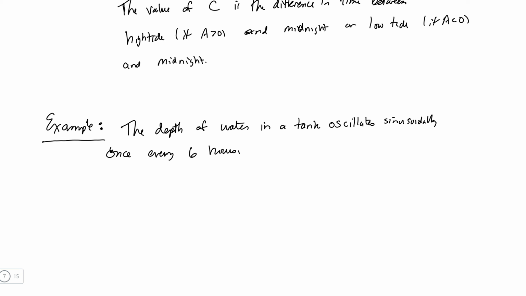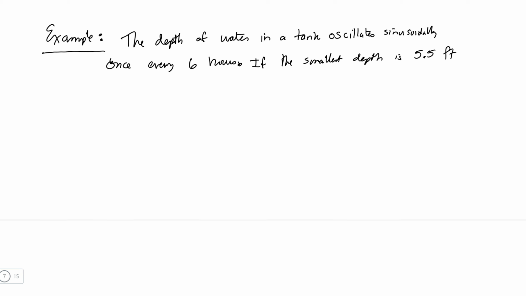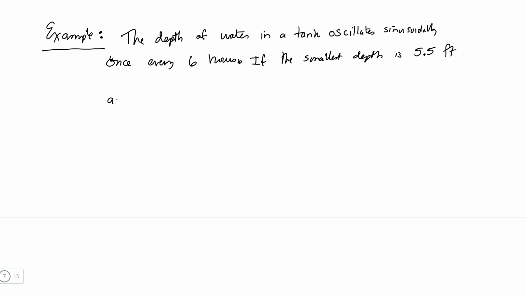Okay, so the depth of water in a tank is going to oscillate sinusoidally once every 6 hours. So our lowest depth is 5.5 feet, and the largest depth is 8.5 feet.